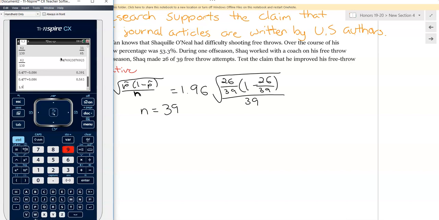So I have 1.96 square root, lots of fractions, 26 over 39 times 1 minus 26 over 39. Right, so we get 0.148.